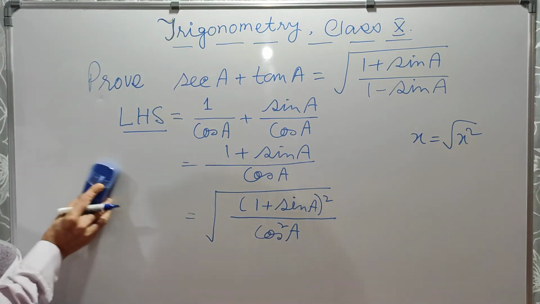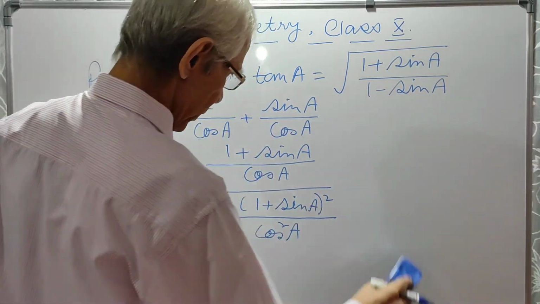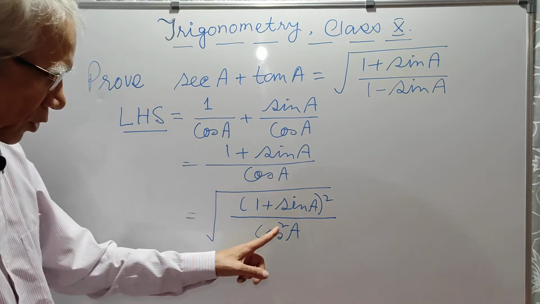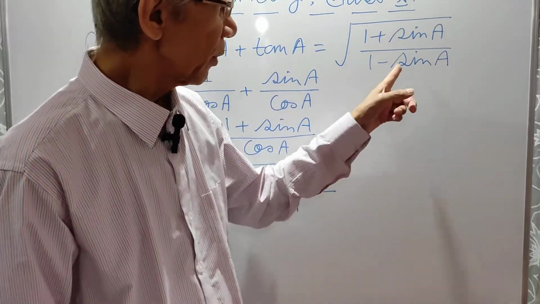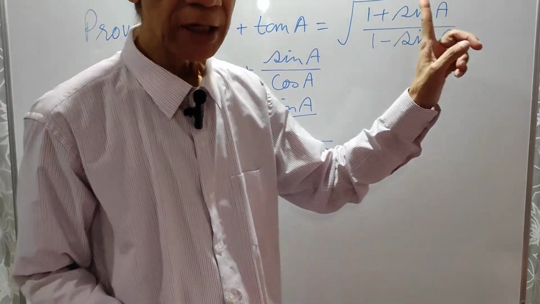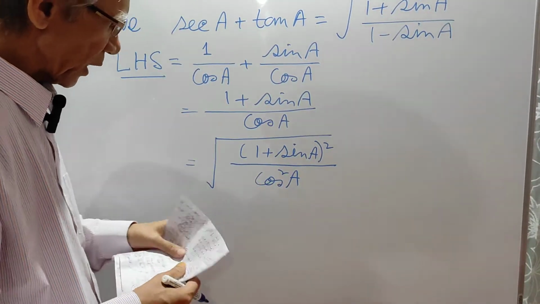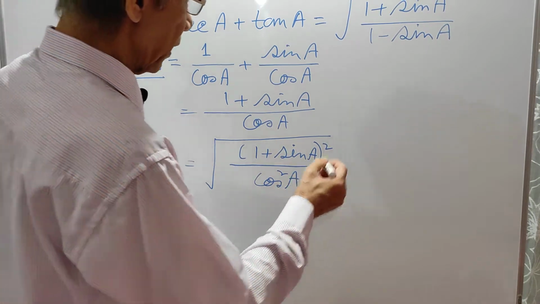Okay. Now this cos square A we must convert to sine because we need sine in the denominator using the first formula. So cos square A is what? 1 minus sine square A, isn't it?